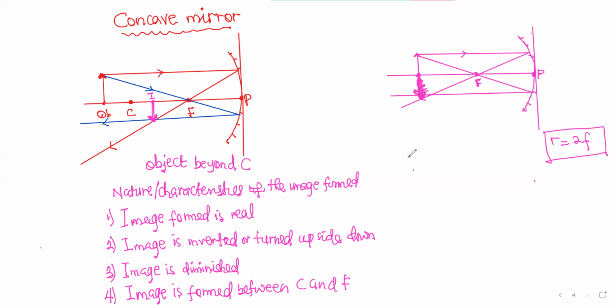So for the image at C: one, the image is real. All real images are inverted. So two, inverted.